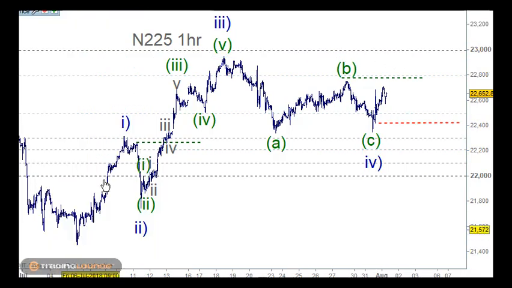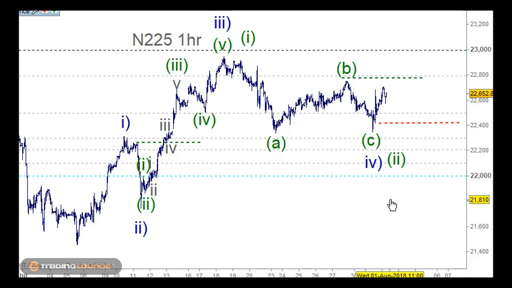That would be one way to count it, 1 and 2 and 3 and an A and a B and a C for wave 4 here, and then moving up from there. It's also able to count it as this wave 1 here and wave 2 here, and then copying this here and having wave 1 here and wave 2 over here as well.